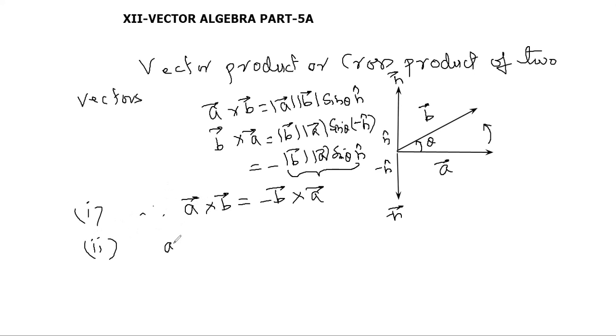Number one, A cross B is a vector. I told you A cross B is a vector. That is why it is called the vector product or cross product, because its result will be a vector. Now it depends on the angle theta.